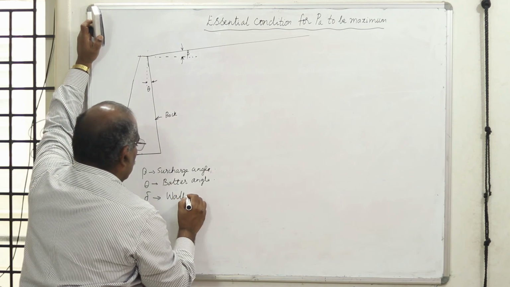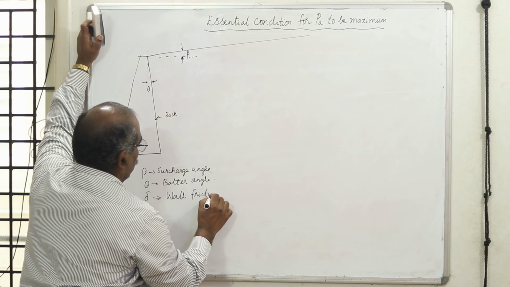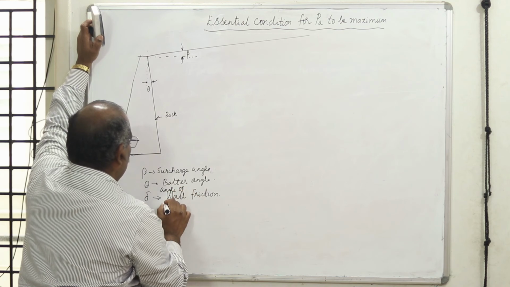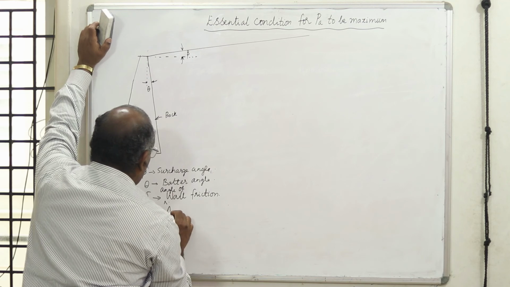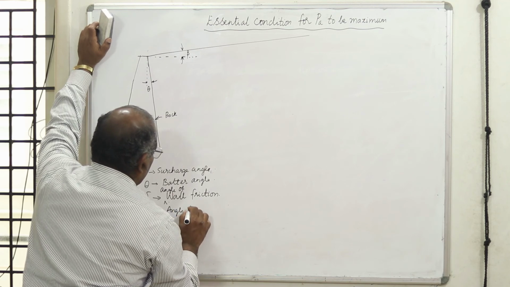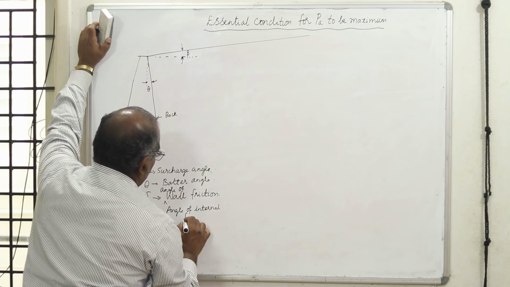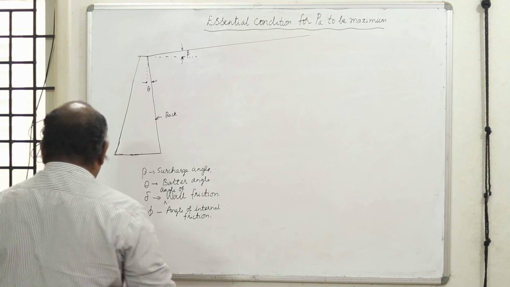Let us represent delta as the angle of wall friction. Then phi is the angle of internal friction. This is the solid to solid friction.